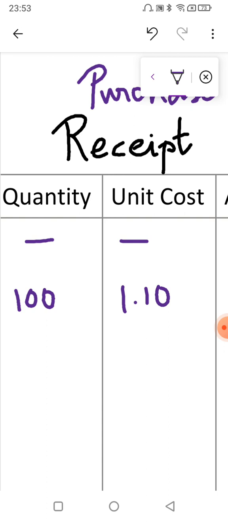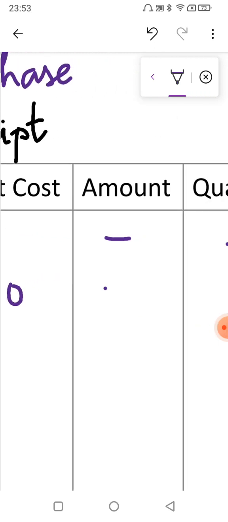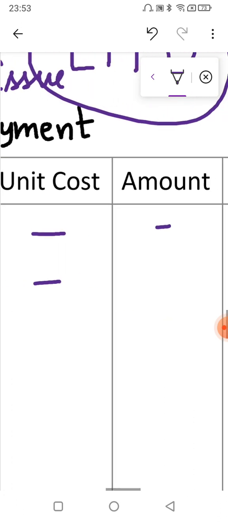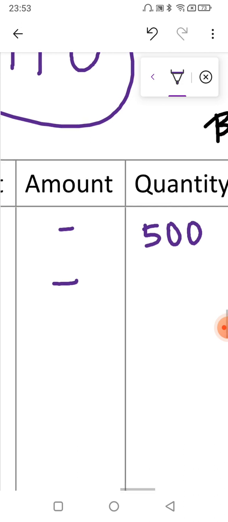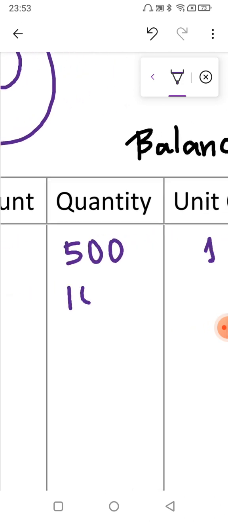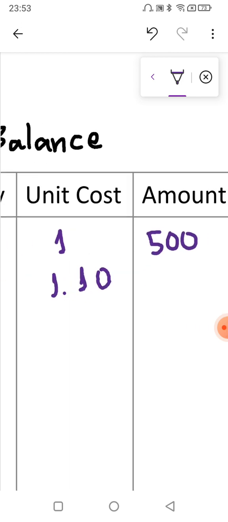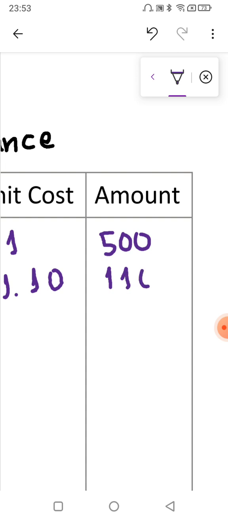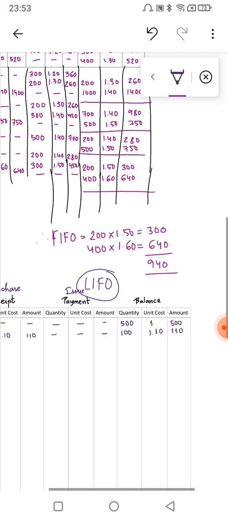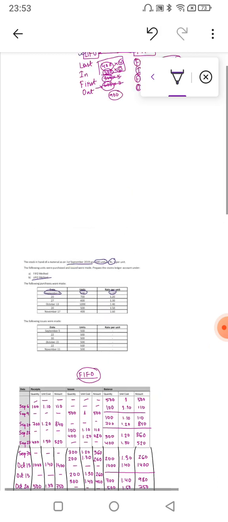Multiply 1.10 into 100, we get 110, which we have to write here in the amount column. Nothing was issued on that day, so we are going to straight away write this 100 over here, because you have to maintain the record, 1.10 and the amount being 110 after multiplying. Then we will move to the next date that we have.